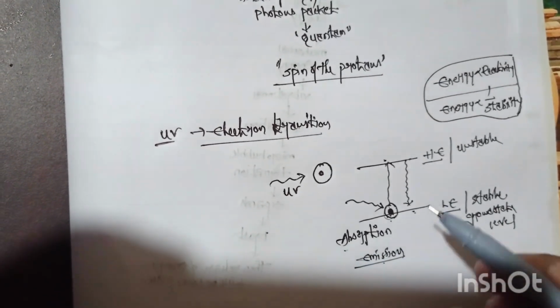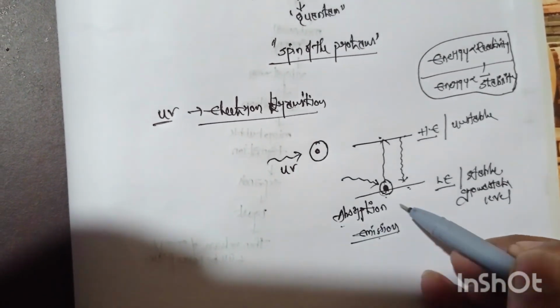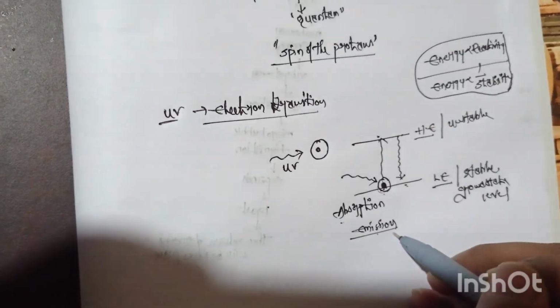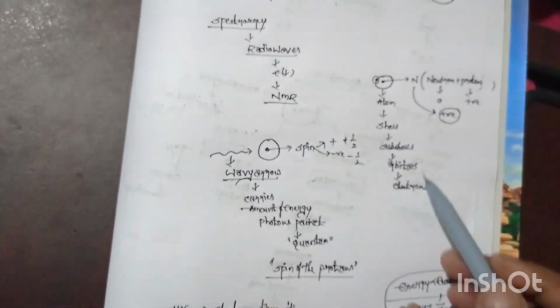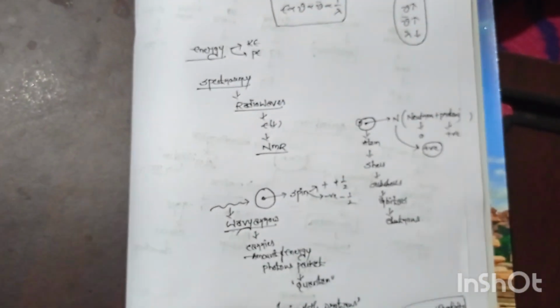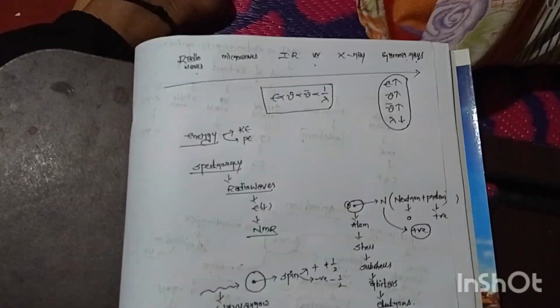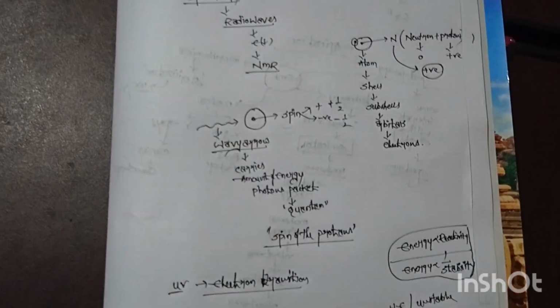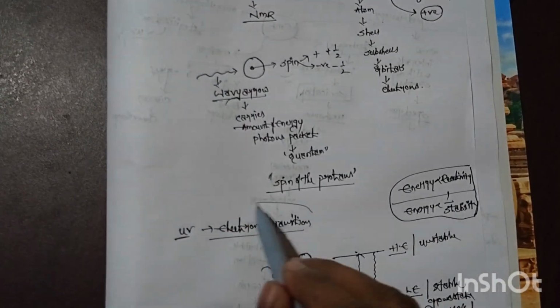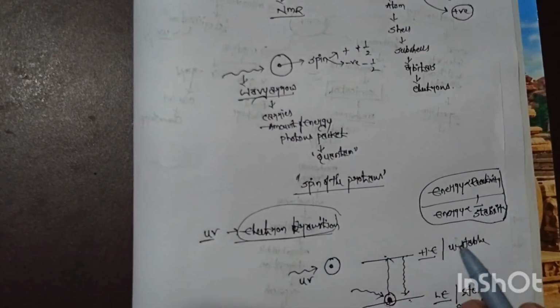In terms of spectroscopy, we call this absorption spectroscopy, and in terms of emission, it is termed emission spectroscopy. So these are the different kinds of radiation sources, relations and events that take place.